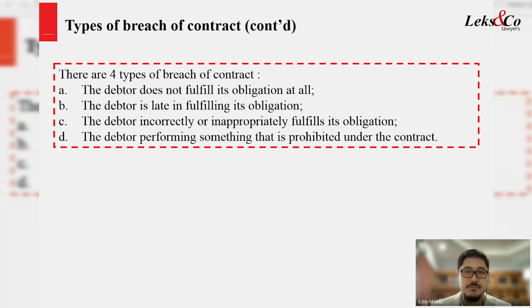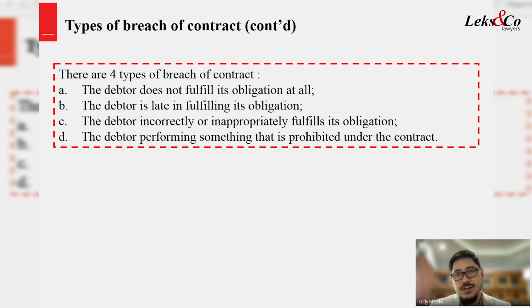Not much debate on that. But on C, sometimes there will be a debate, because the debtor will defend their position, and the creditor will consider that there are some violations conducted by the debtor, or the debtor performing something that is prohibited under the contract.